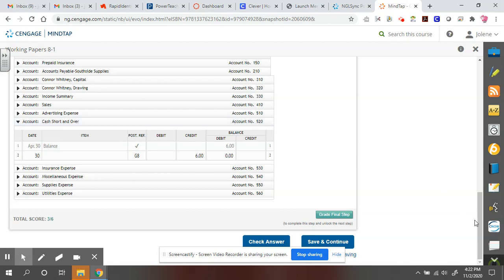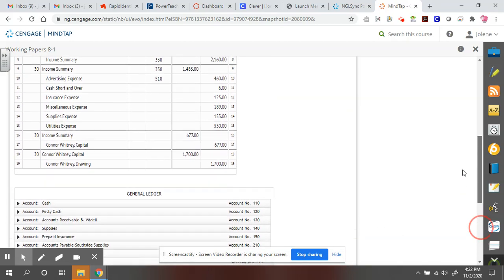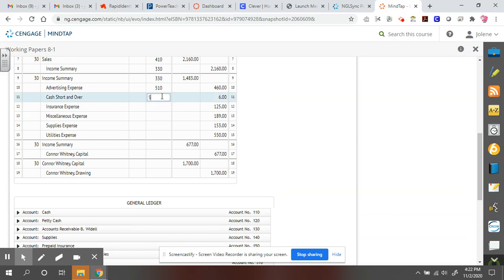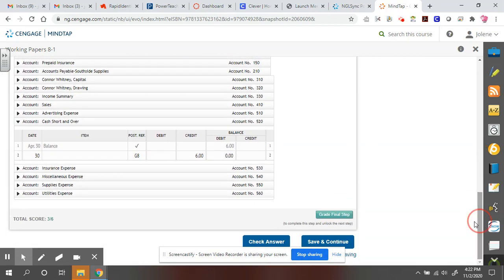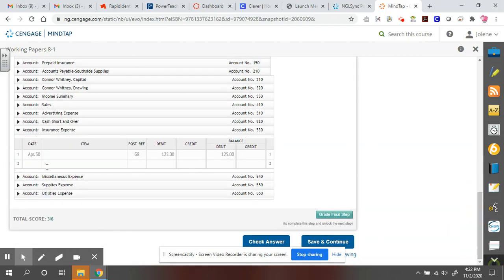Account number 520. Insurance expense for 125. Insurance expense. $125, debit and credit, goes to a zero balance.